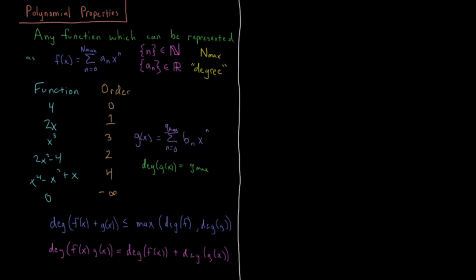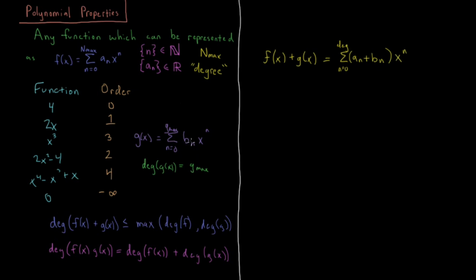Okay, so what are the explicit forms for what these series actually look like? So in order to sum two polynomials, f of x plus g of x equals the sum from n equals 0 to whatever the degree of this function ends up being, of (an plus bn) times x to the n.